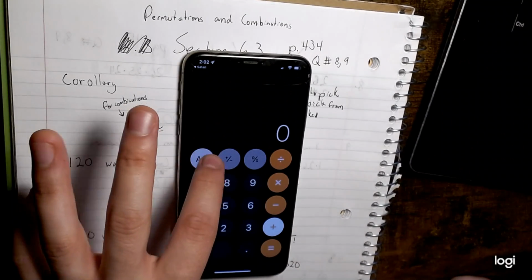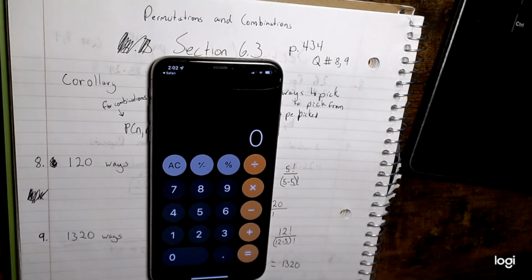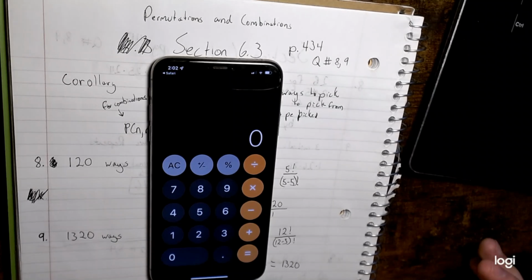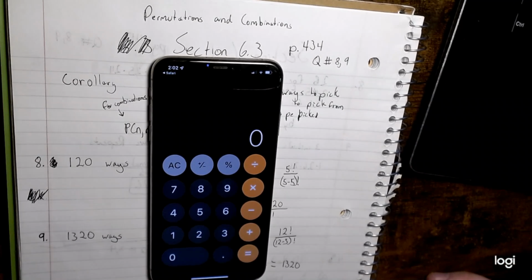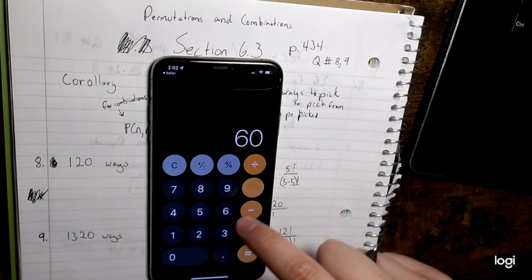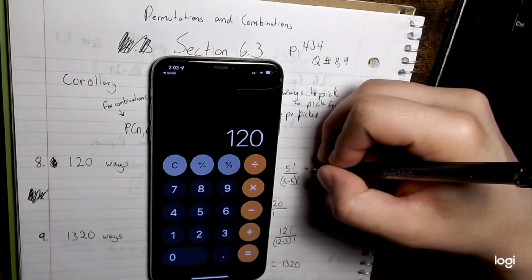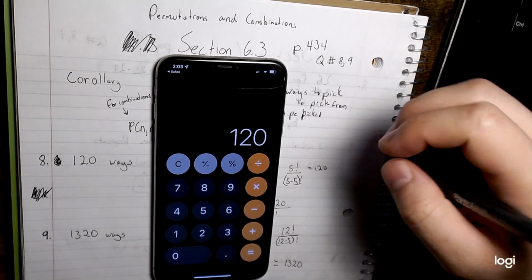It's just simply, we take 5 and multiply it by each previous number. So 5 times 4 times 3 times 2 times 1 gives us 120.